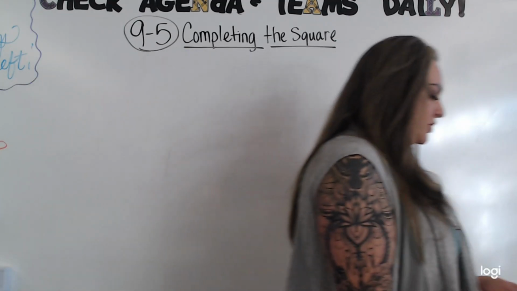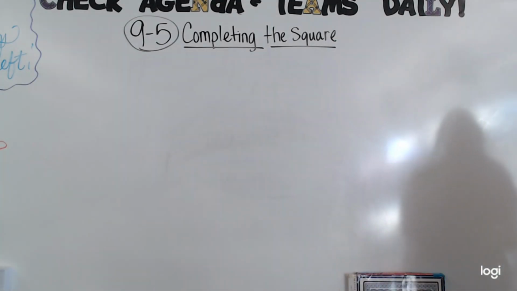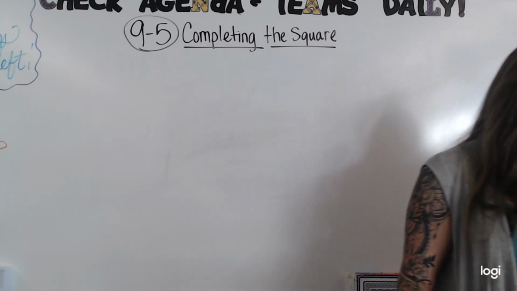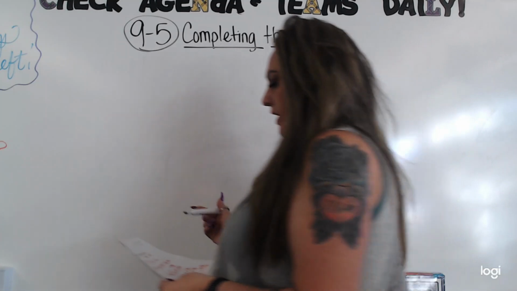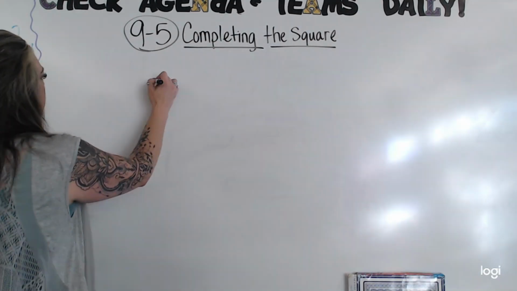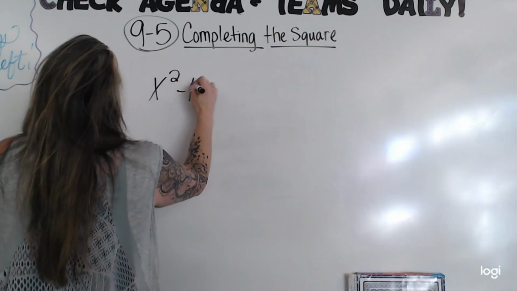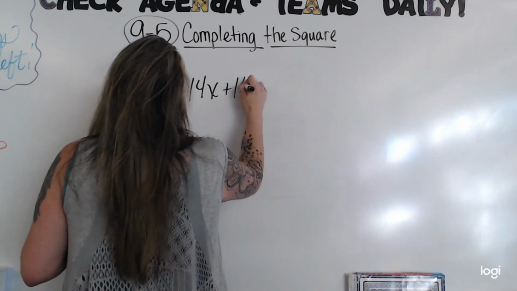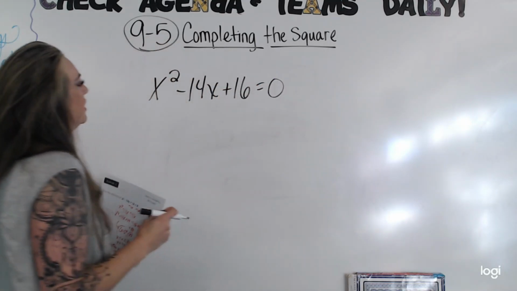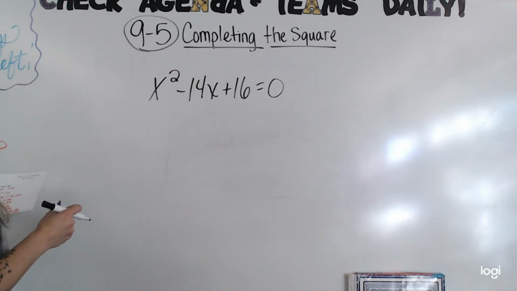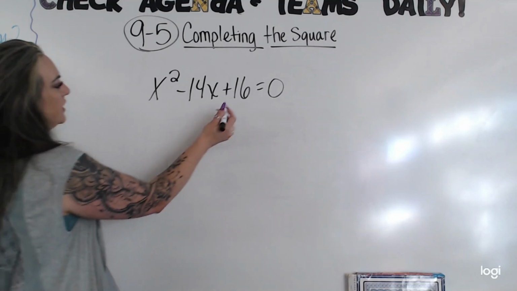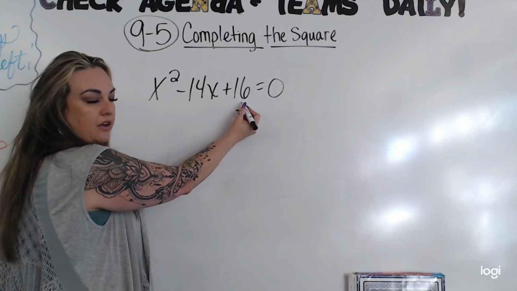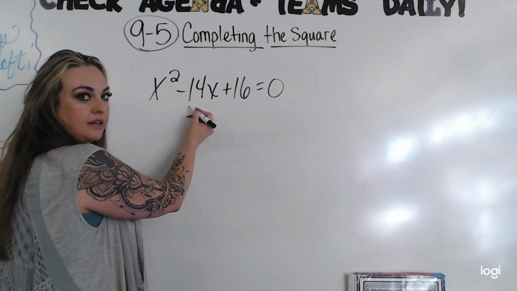Okay. So the next example is something that looks like this. So if we look here, 16 is not the square that makes negative 14, right?